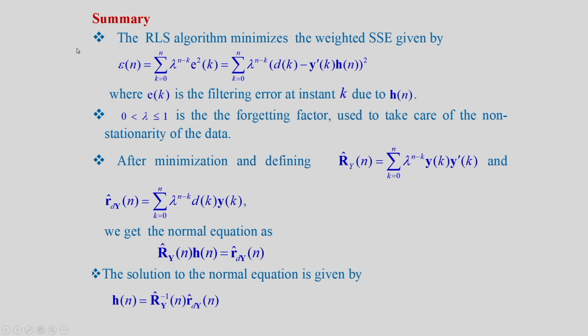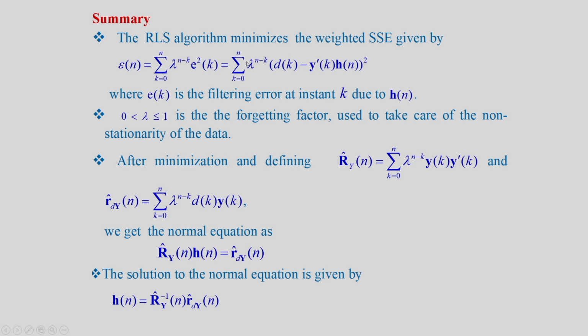Let us summarize the lecture. The RLS algorithm minimizes the weighted sum square error, which is summation lambda to the power n minus k into e square k, k going from 0 to n.